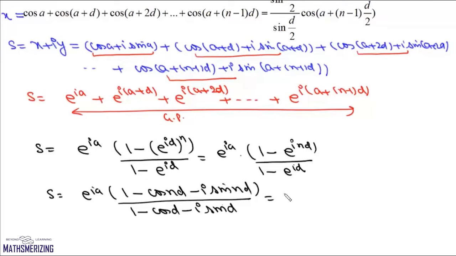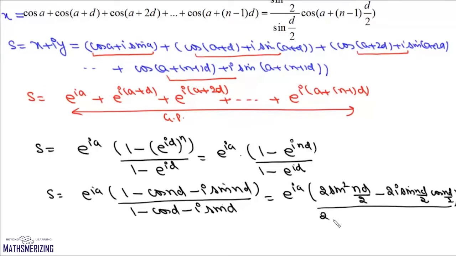So we can write this as e to the power iota a, and here it will be 2 sine square n d by 2, and here we'll write this as 2 iota sine n d by 2 into cos n d by 2, and here in the denominator we'll get 2 sine square d by 2 minus 2 iota sine d by 2 into cos d by 2. Now in the numerator we'll take sine n d by 2 common, and in the denominator we'll take sine d by 2 common.